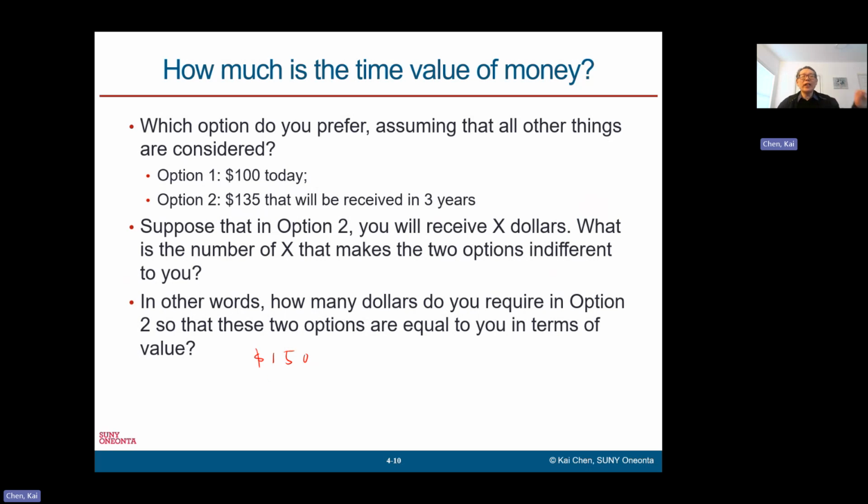Anyway, for every student you have a specific number. Maybe your answer is 135, maybe your answer is 160. It doesn't matter. Now suppose for one student, his answer is $150. That means $100 today has the same value as $150 he expects to receive 3 years from now.